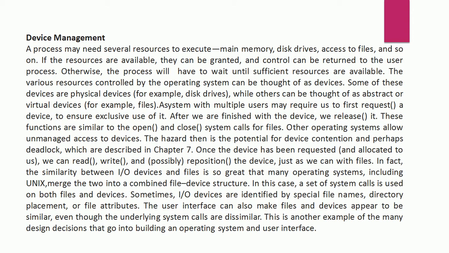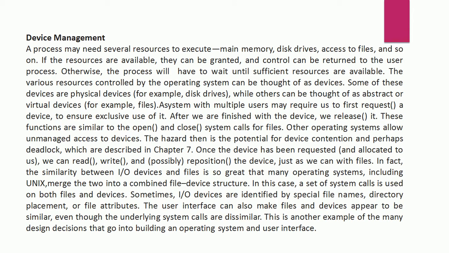A system with multiple users may require us to first request a device, then to ensure exclusive use of it. After we are finished with that device, we release it. These functions are similar to the open and close system calls related to files. Other systems allow unmanaged access to devices.